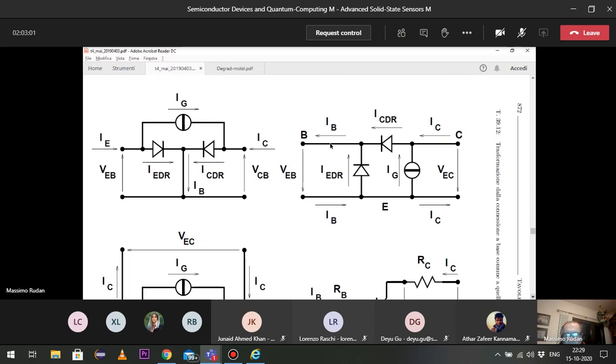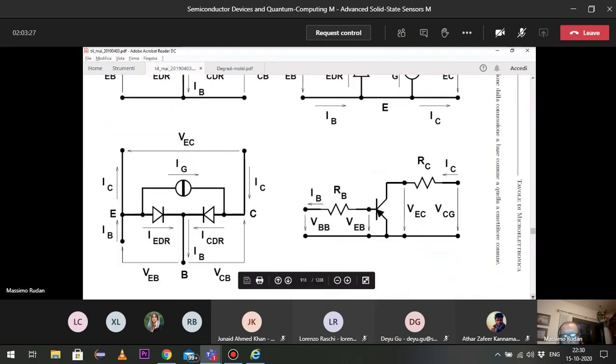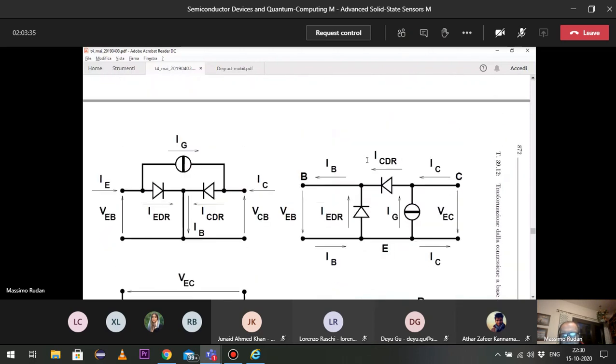And that series resistance somehow accounts for the voltage drop that is intrinsic to the base because of the flow of current laterally into the base. So the intrinsic base resistance is not shown in this figure, and it is not RB in the next figure, okay? This is outside, not intrinsic, okay? The intrinsic base resistance accounts for the lateral flow of the base current that is not considered by this model.